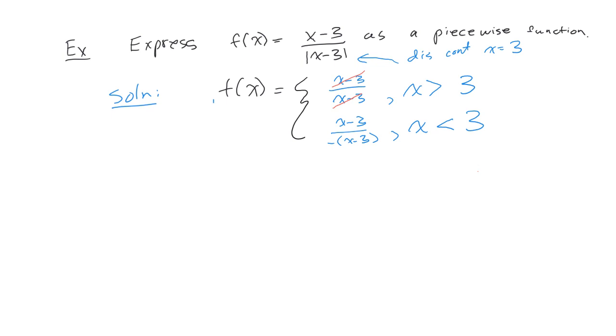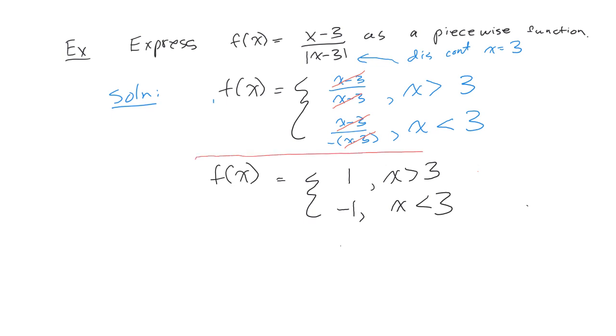So the top half of my equation is just 1 for x greater than 3. For the bottom half, I can cancel x minus 3 and x minus 3, and that gives me negative 1 for x less than 3. So that is our basic equation for this absolute value type problem.